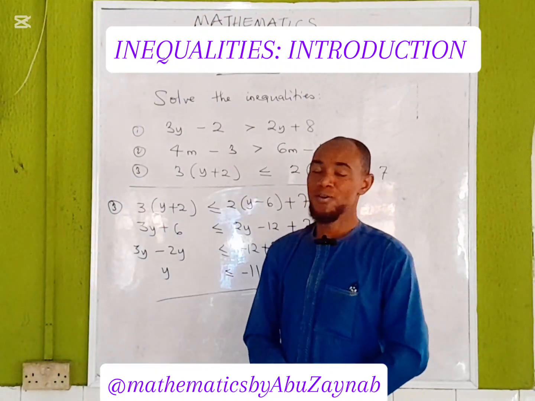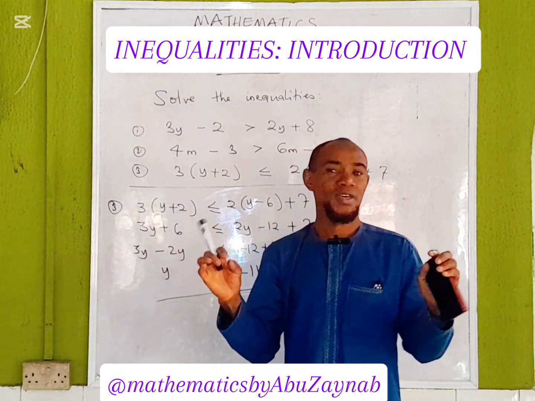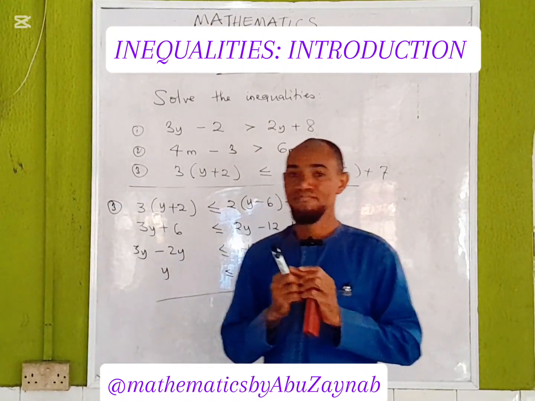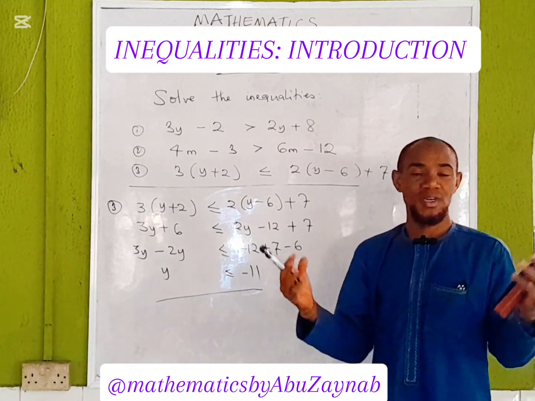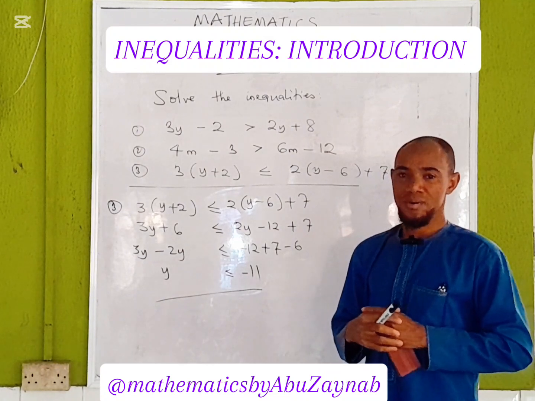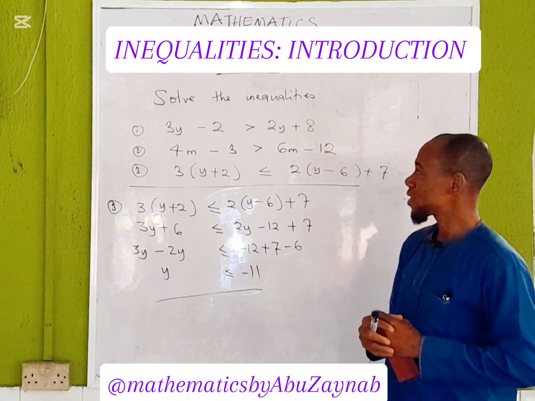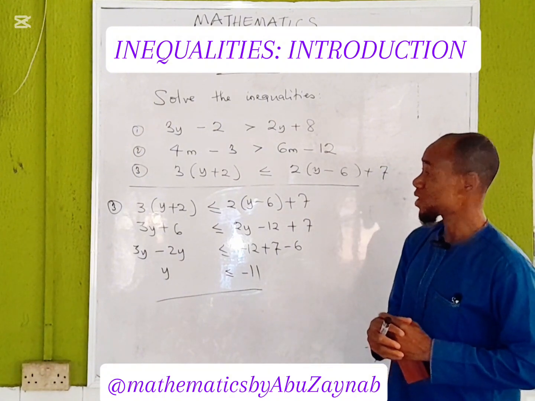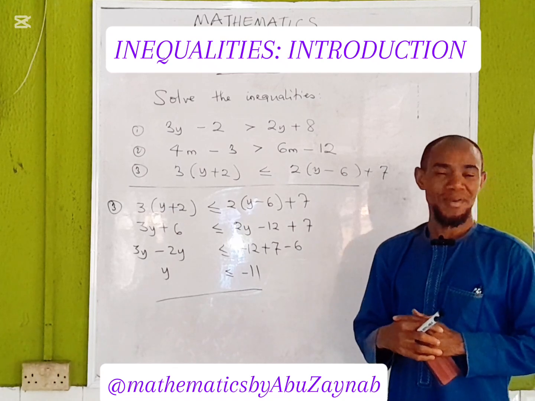And we have the laws of trichotomy, which states that if you have 2 letters or 2 values, it's either they are equal, or the first is less than the second, or the first is greater than the second. These are the 3 basic laws that govern inequality values. Now, we looked at the examples on the board, which are quite straightforward. They are basic, rudimentary.